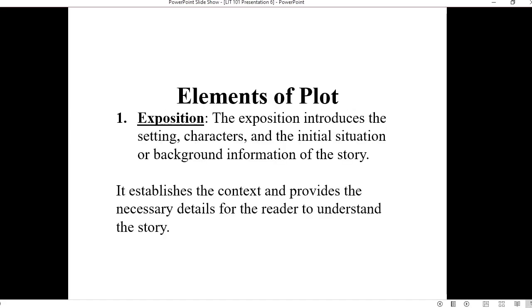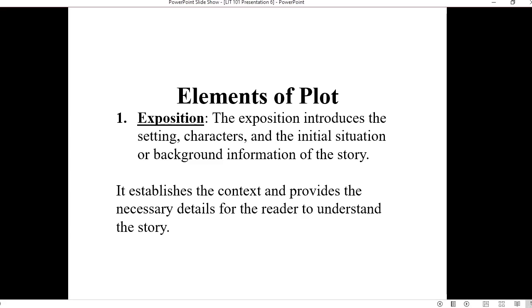Plot itself has its own elements, and we need to look at those elements so that we know what makes up a plot. One of them, which actually is the first, is exposition.